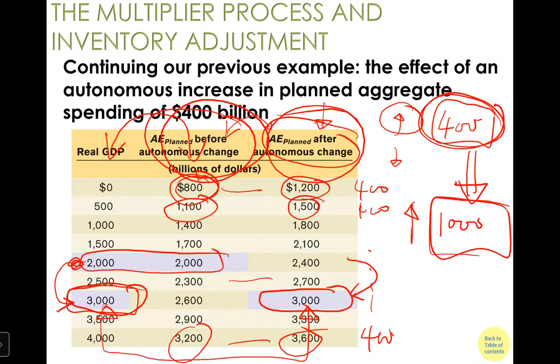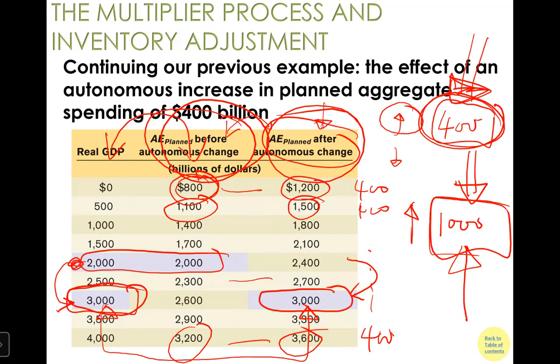Through this example, we know the answer. Usually, it's larger than the shift in the aggregate expenditure line, right? Because look here, the aggregate expenditure shifted by 400, but its impact on real GDP is 1,000. So this is the second question.